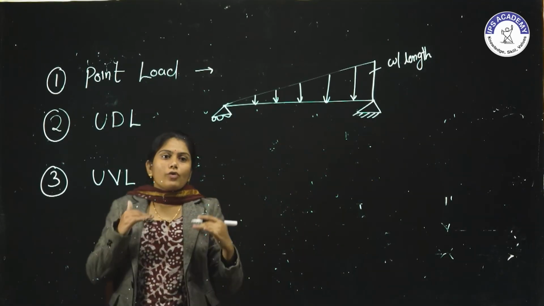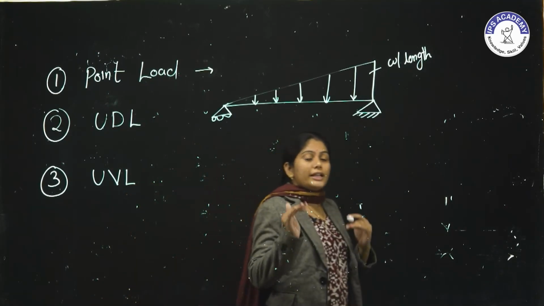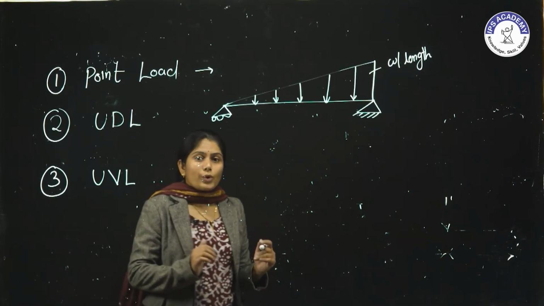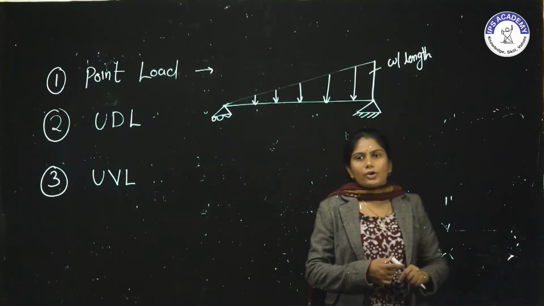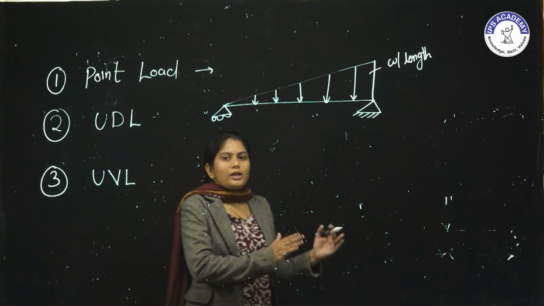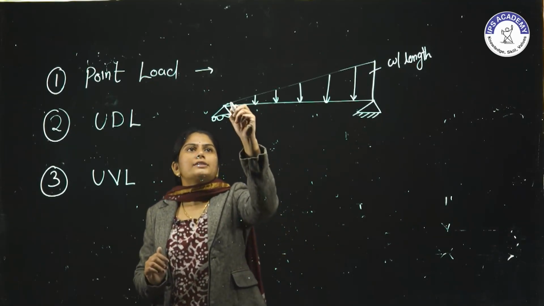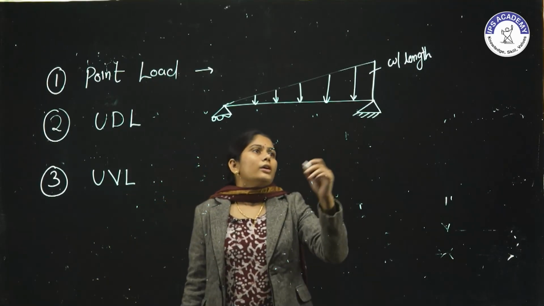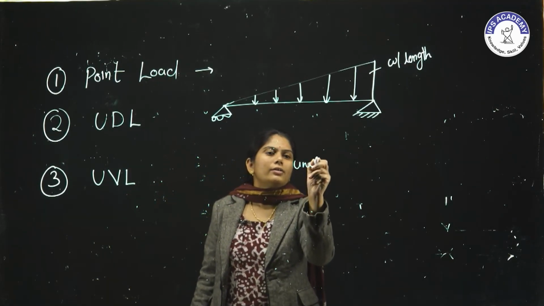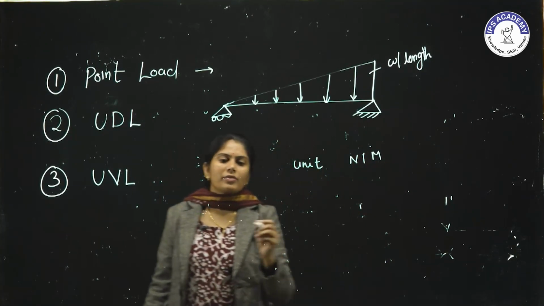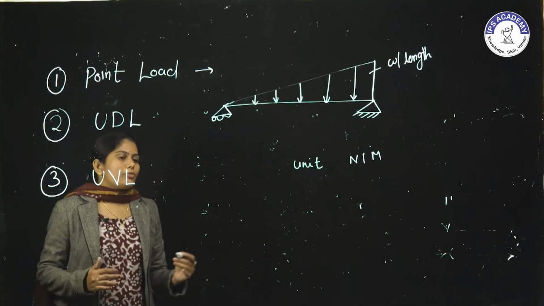The intensity of load is varying linearly over the length. It is known as uniformly varying load. Example of uniformly varying load is water load acting on the side of the water tank. This is the example for UVL. Now unit of UVL, Newton per meter.